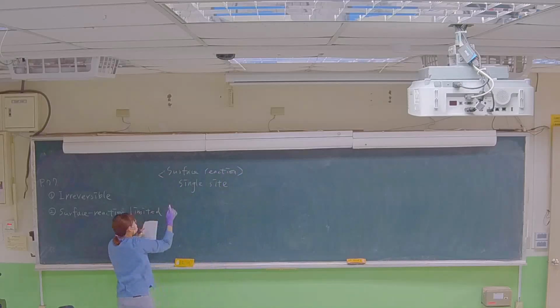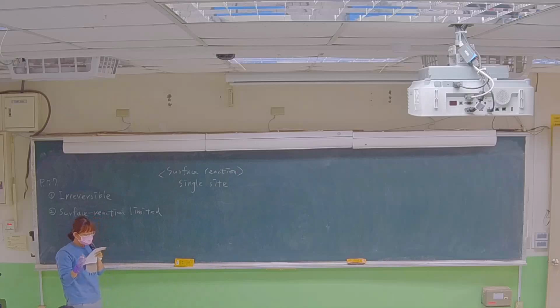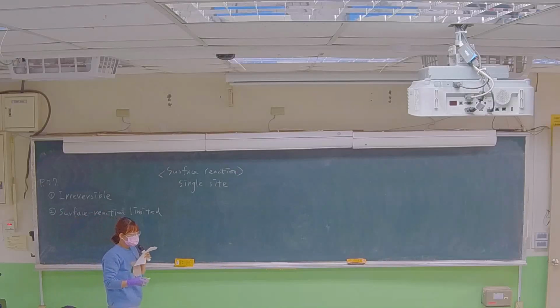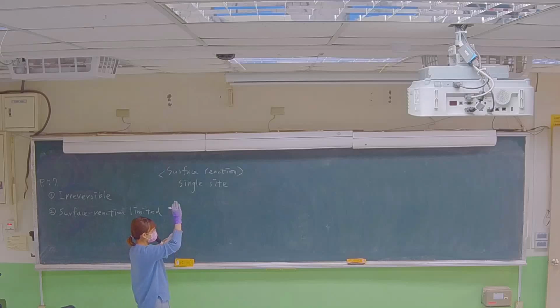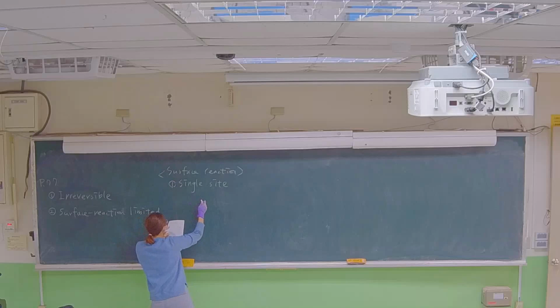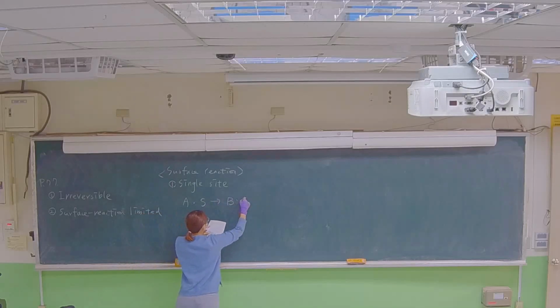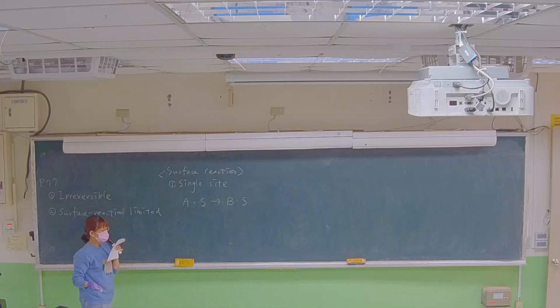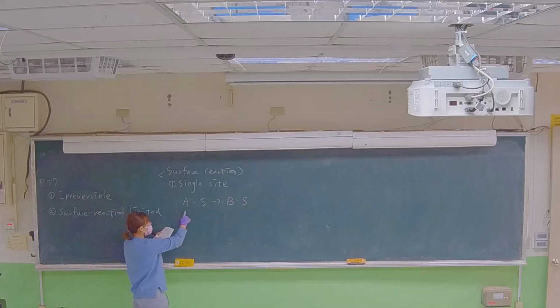Let's say we don't have to derive so many processes. We can directly write down the rate law. Okay, so first one, if that is single site. Single site means a single active site. Okay, so A is the reactant, B is the product.